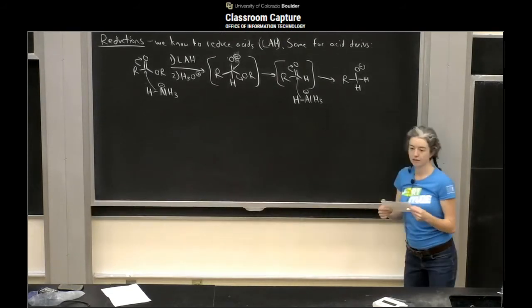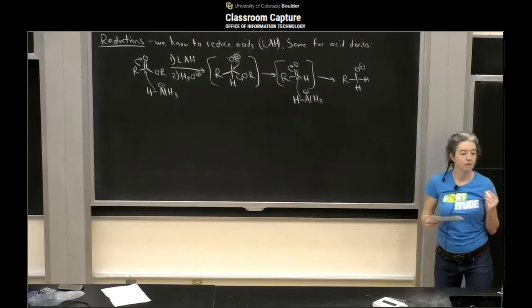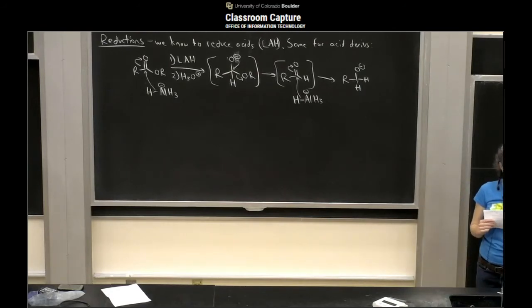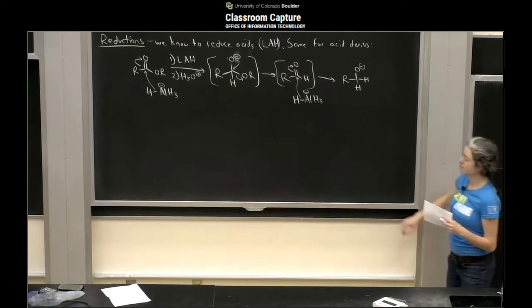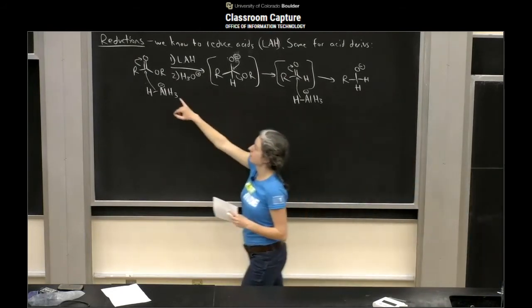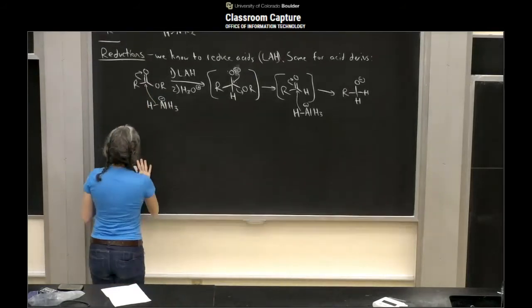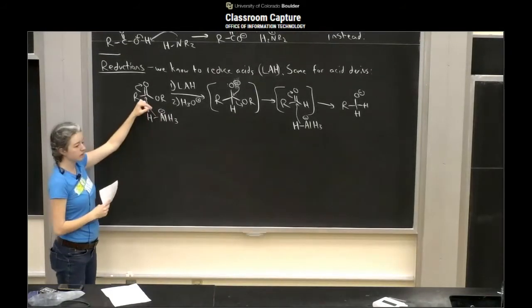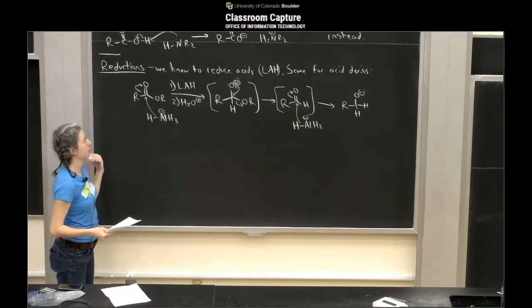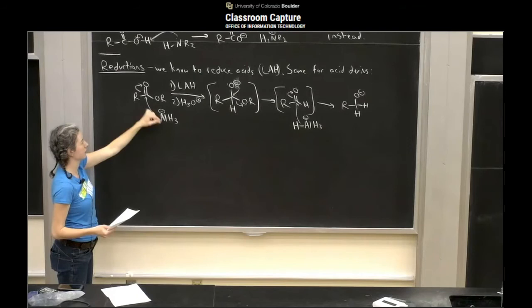Questions about that? Yeah. So, is it because of the ester, the OR, that you can't use NaBH4? Indirectly, yes. So it's not because you have a leaving group, it's just because over here the delta positive is a lot smaller than it was for an aldehyde or ketone, and so sodium borohydride just doesn't have the reactivity or the oomph, I guess, to send in a hydride and react.